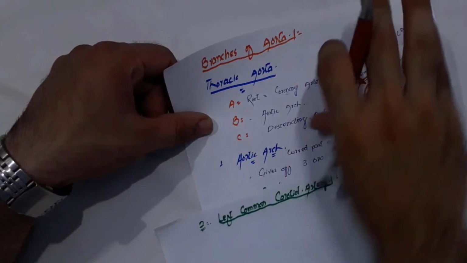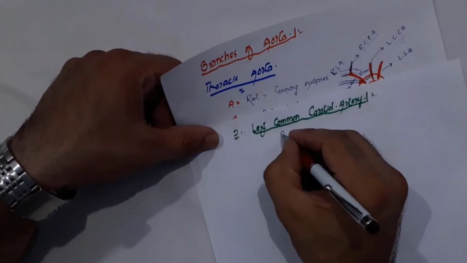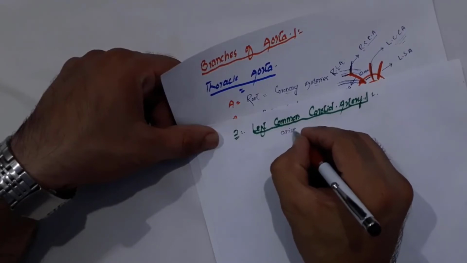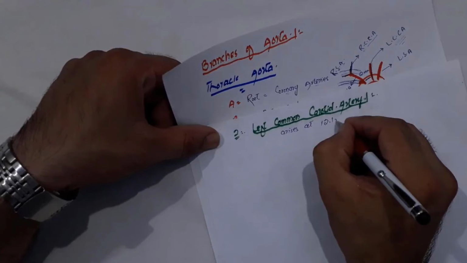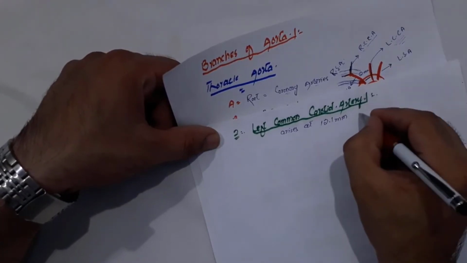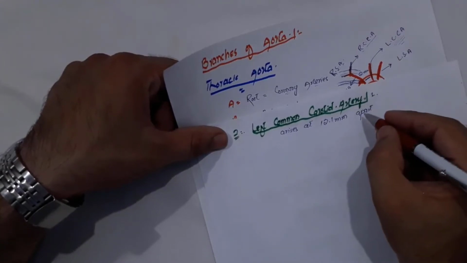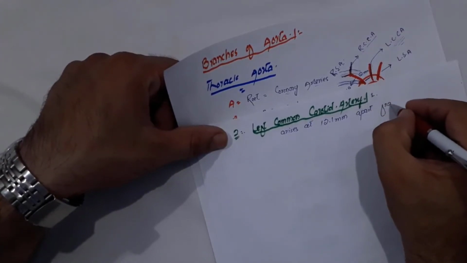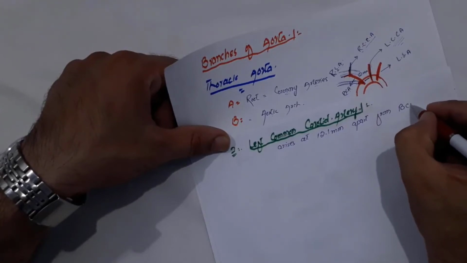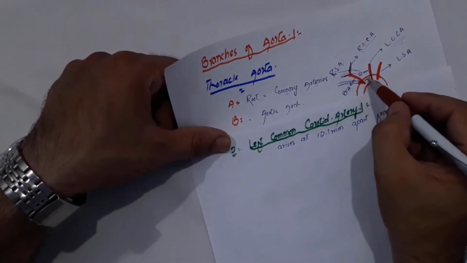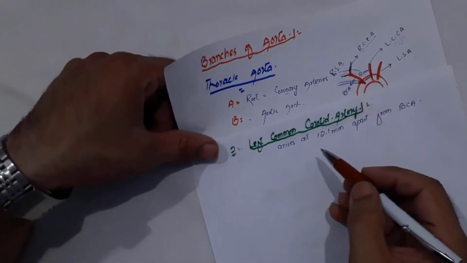So we can say that it arises 12.1 mm apart. Apart means there is a small distance between them, apart from the brachiocephalic artery. So the space between these two is about 12.1 mm.